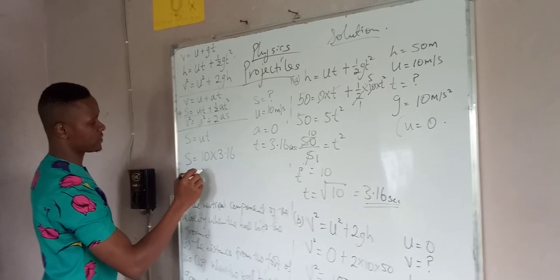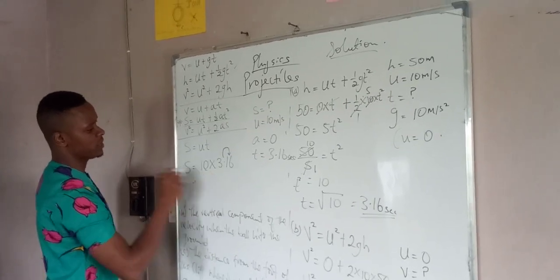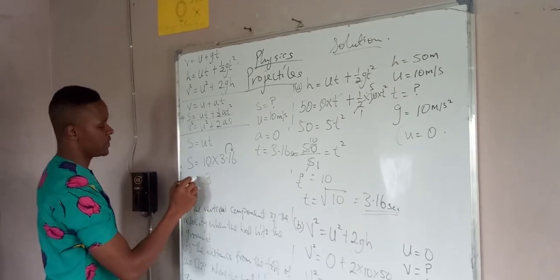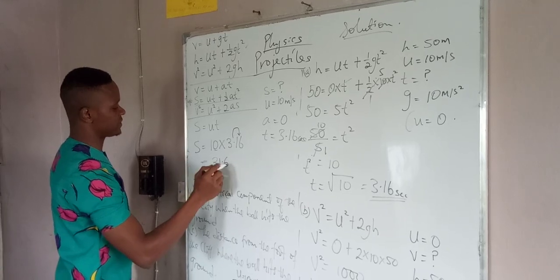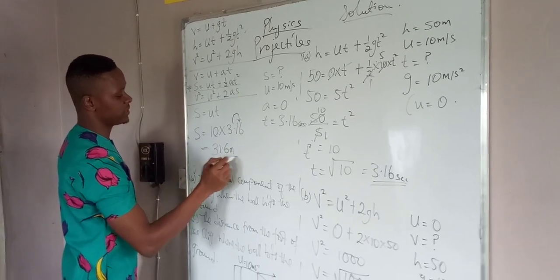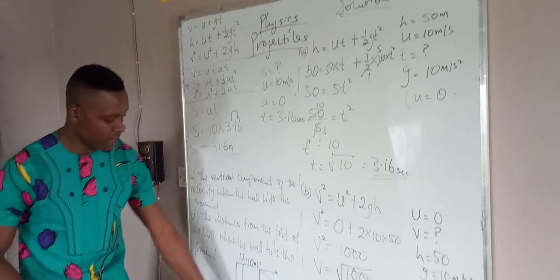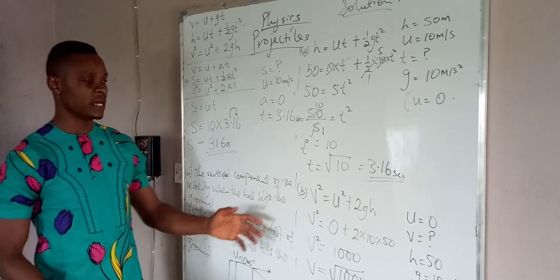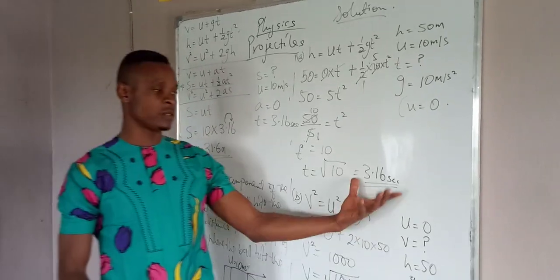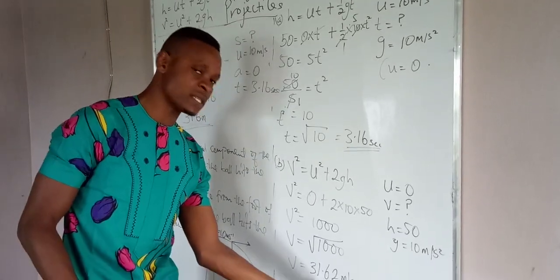So that will give us 10 times this. You move your decimal point once. Because of this 1 0, that will become 31.6. Distance is measured in meters. So the distance from here to here would be 31.6 meters.